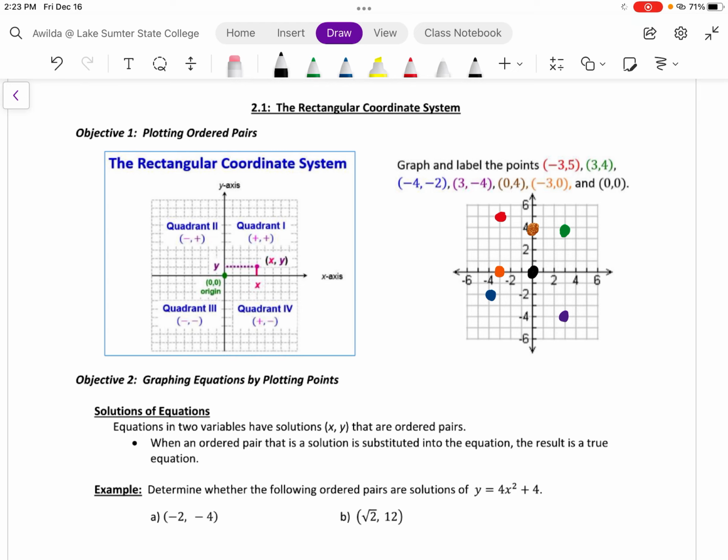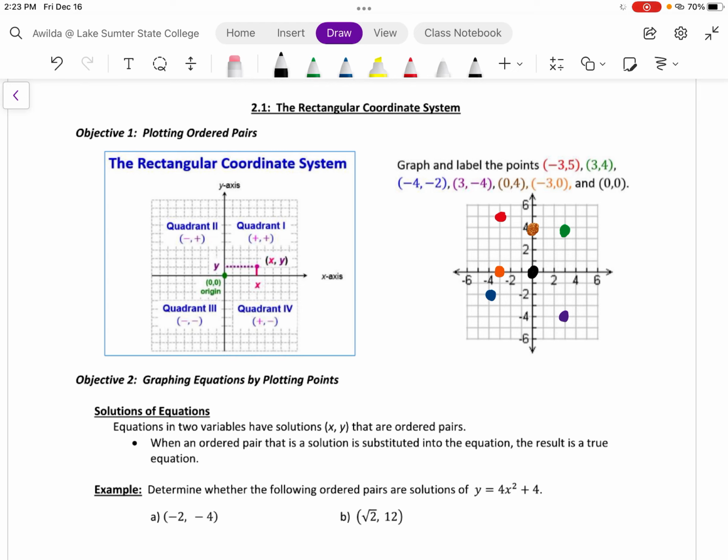So here, for example, if we have the equation y equals 4x squared plus 4, we can determine if the following two ordered pairs are solutions or not.